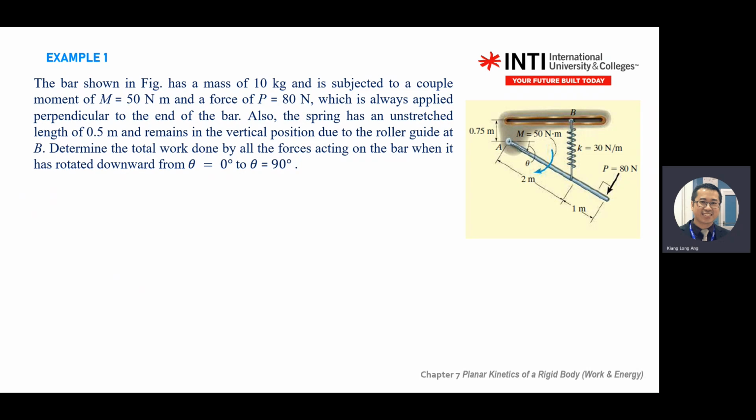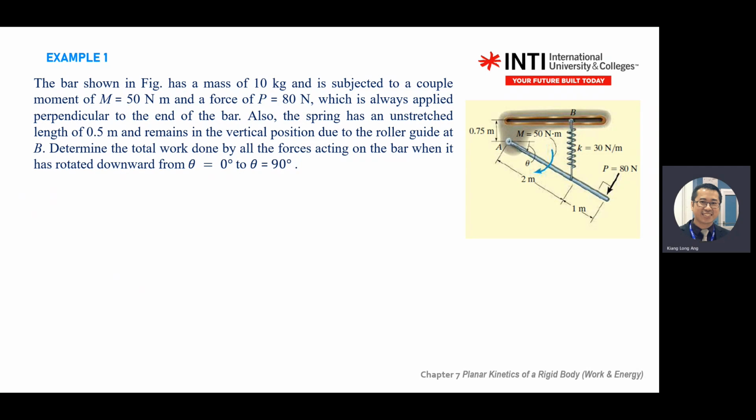Determine the total work done by all the force acting on the bar when it has rotated downwards from 0 degree to 90 degree. So you have two cases. One, before stretch, theta 0. Theta 0 is where? Go up. And it gives you rotation like this way because of the force here.